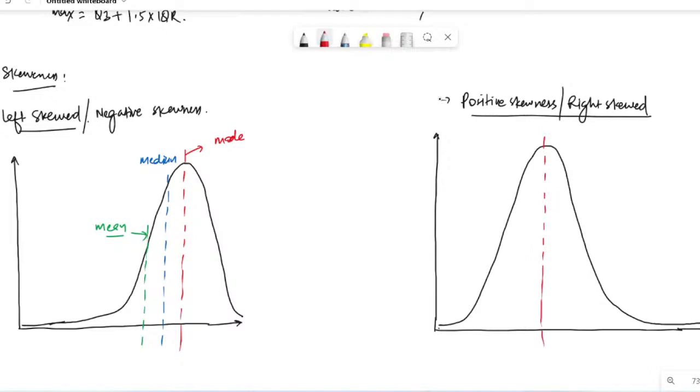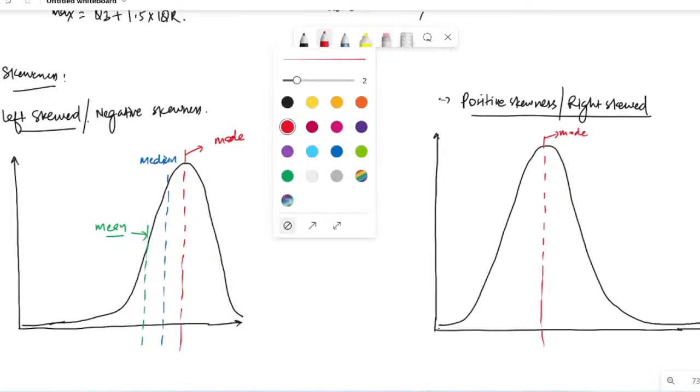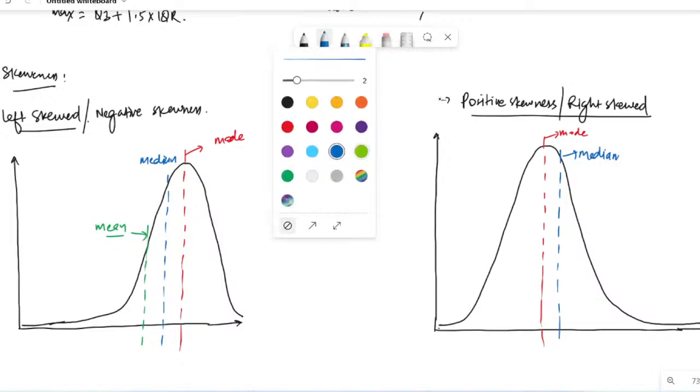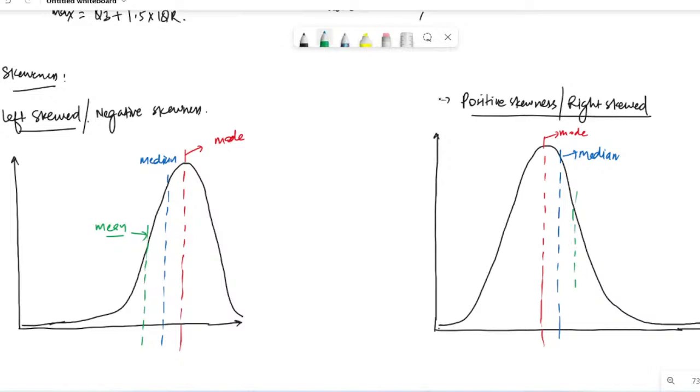First is your mode, then you'll have median, and then we have mean.